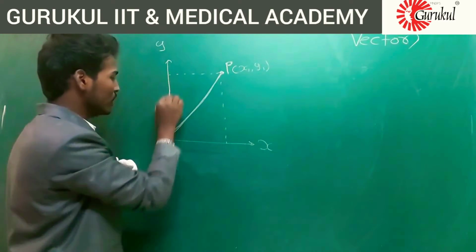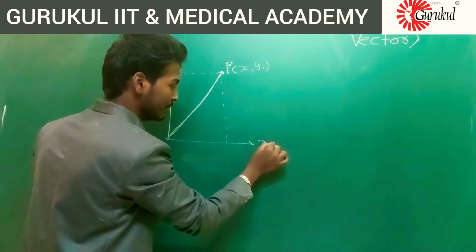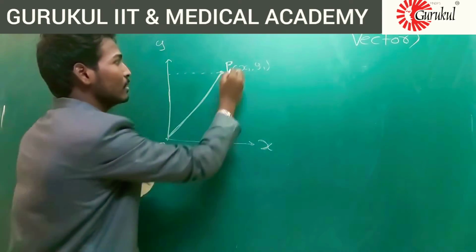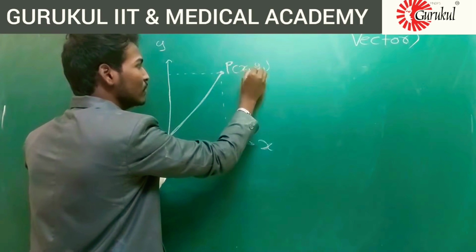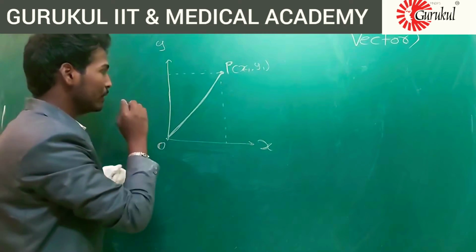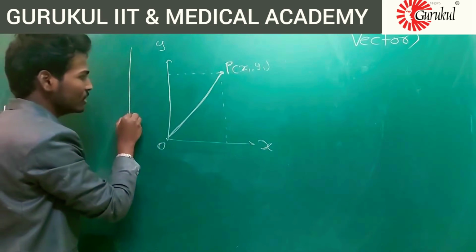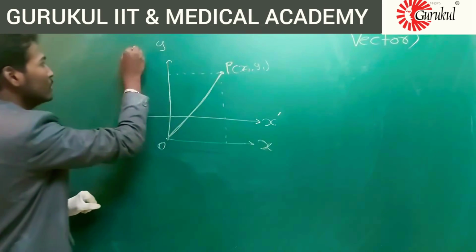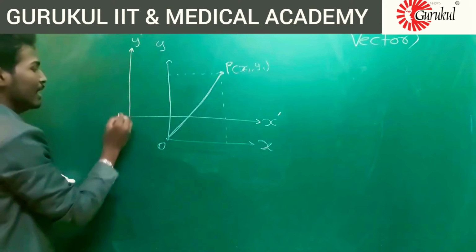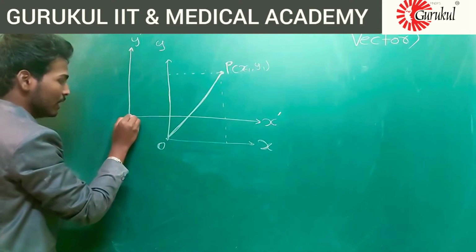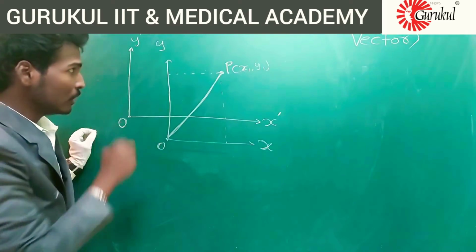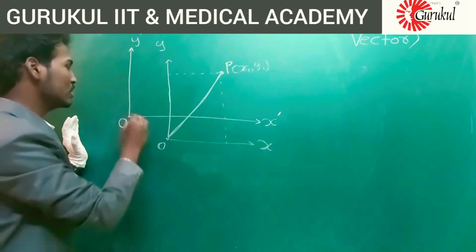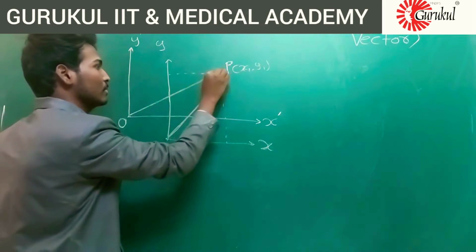This is our original Cartesian plane xy, and we have point P or object P at coordinates x1 comma y1. Let's say we have a new Cartesian plane here, x dash and y dash, and this is the new origin. Now tell me, what will be the new position vector?